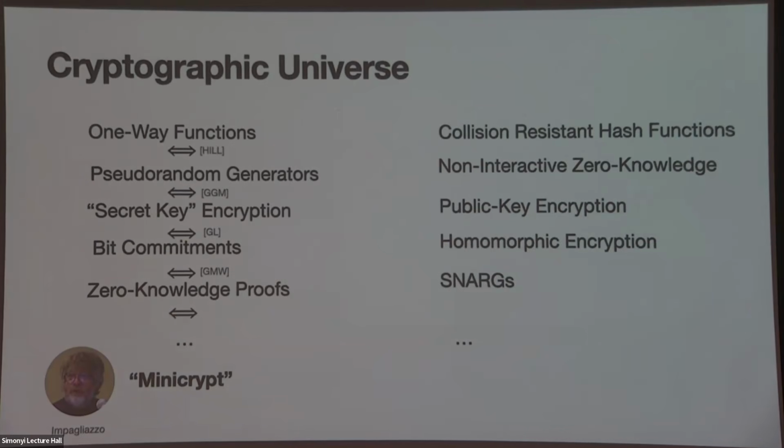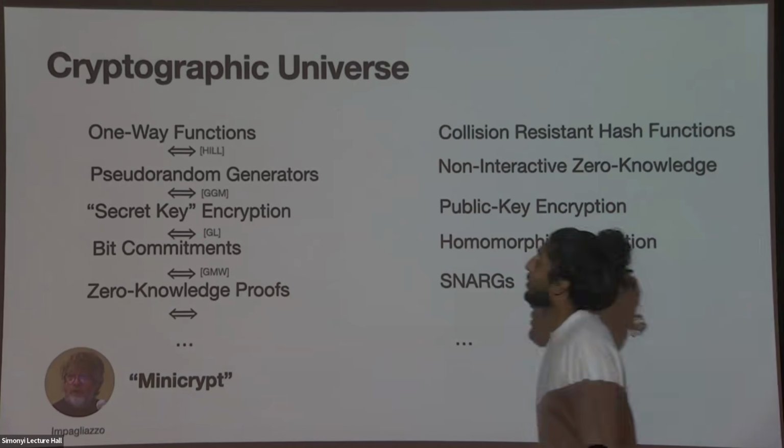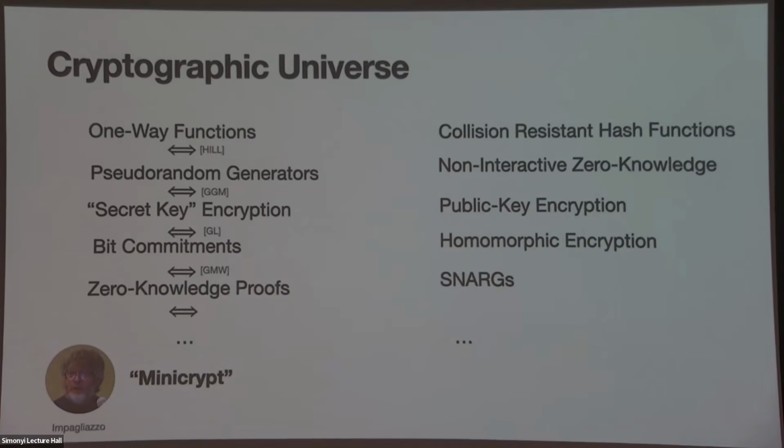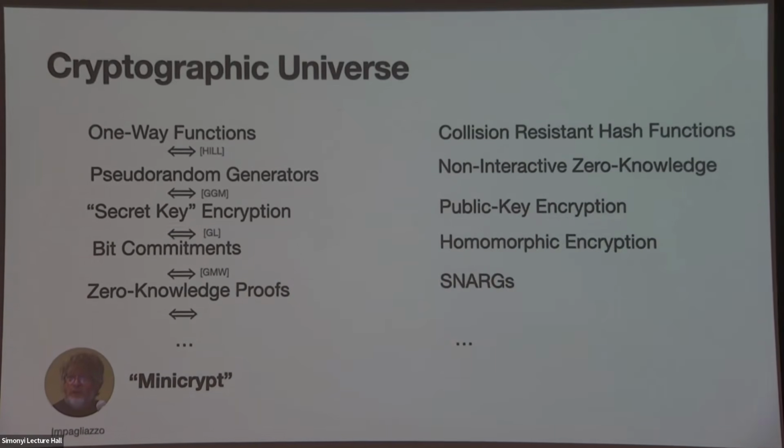Anyway, there's a whole slew of objects in the cryptographic universe, and obviously I'm going to try and minimize telling you about them. But this one object here, one-way functions, is particularly important. It turns out if one-way functions exist, then a whole slew of important cryptographic objects exist. So I'll tell you a bit about those.